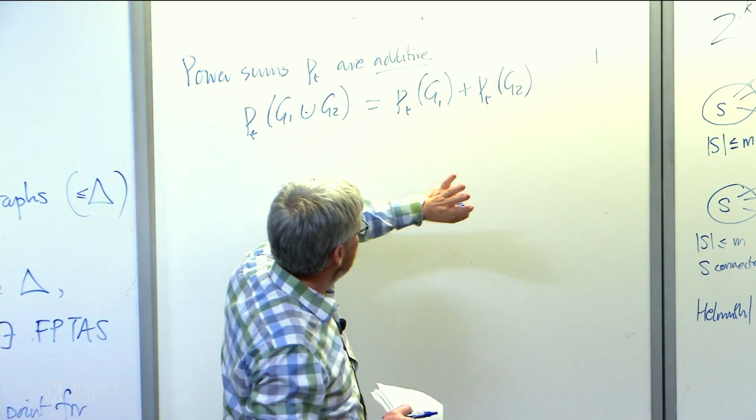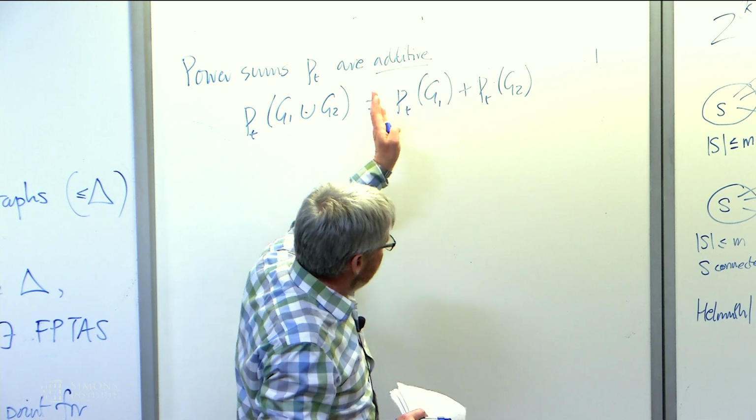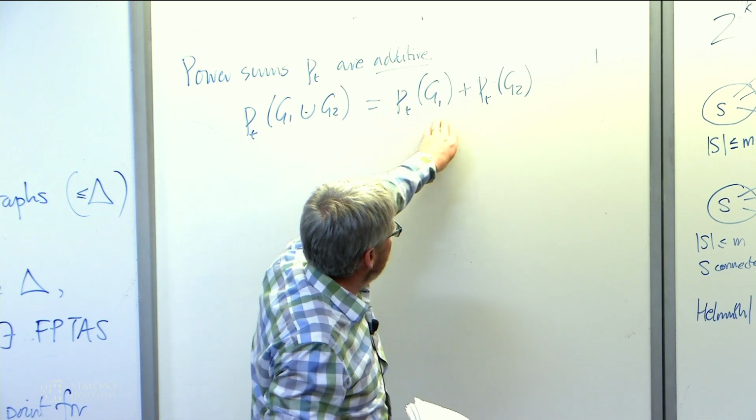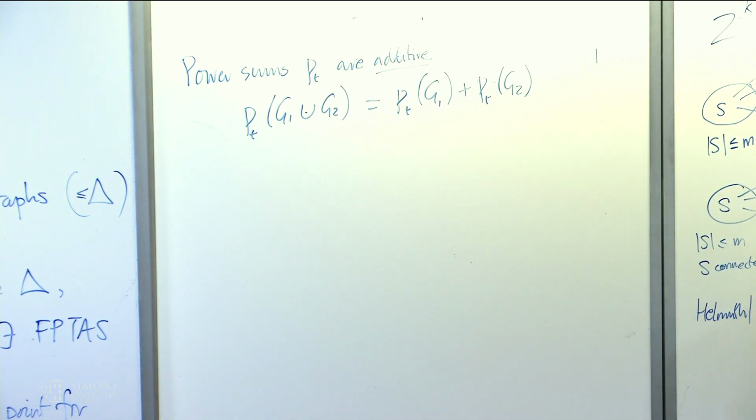So the roots are just the union of the sets of roots, and so these power sums just add up.